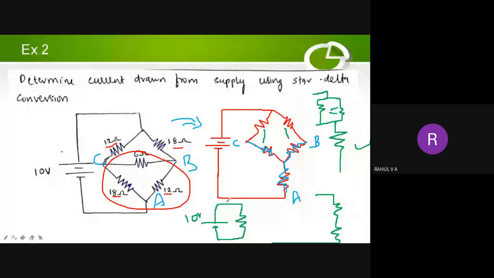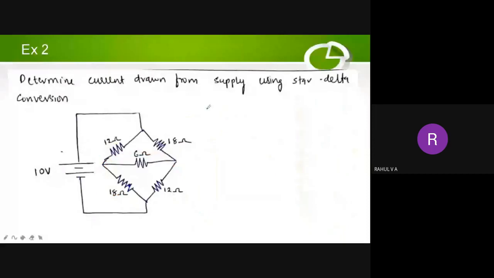Once again, what I am doing is I am going to select the bottom delta circuit and I am converting it to star connection. So if I convert, I have to draw this 12 ohm resistor and 18 ohm resistor as it is. If I convert that delta, I will get a new star connection. That star connection looks like this.